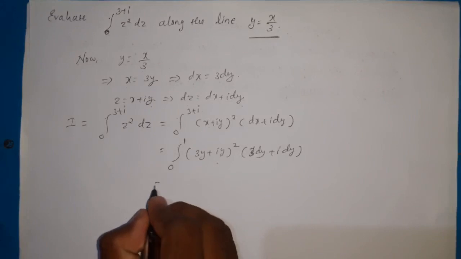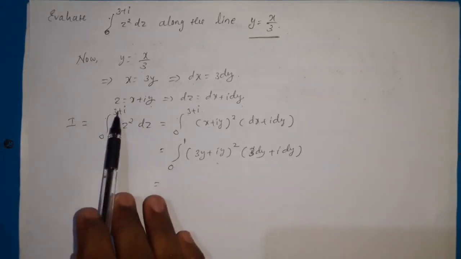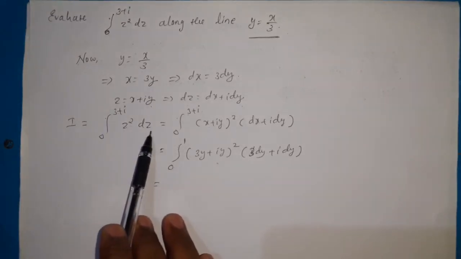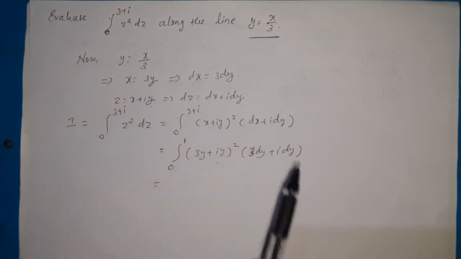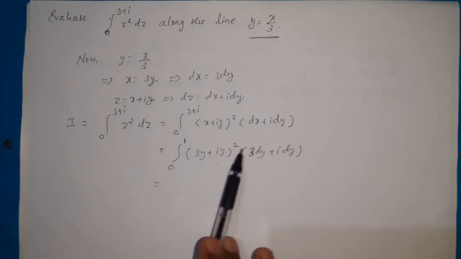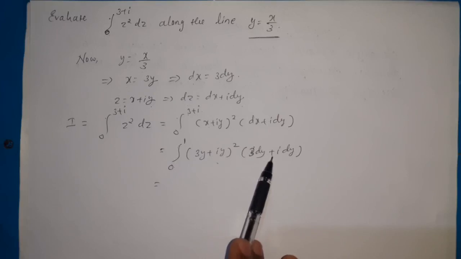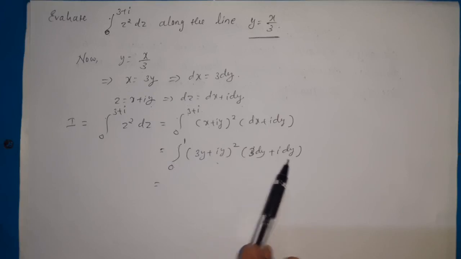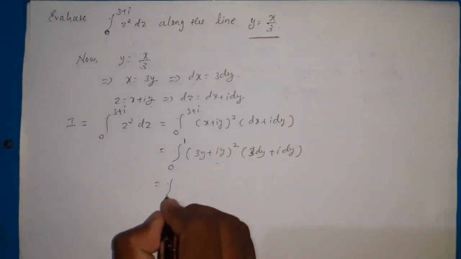Now the integral from 0 to 3 plus i of z square dz reduces to a function of a single variable, as integration over 0 to 1 of (3y plus iy) whole square times (3 dy plus i dy).